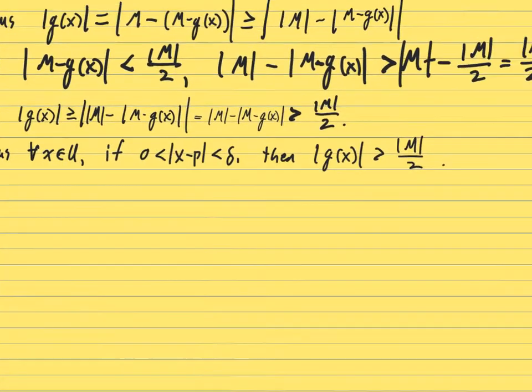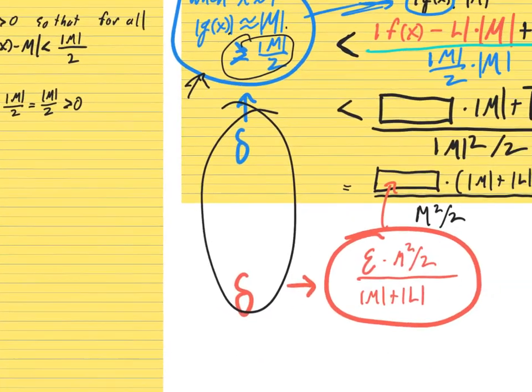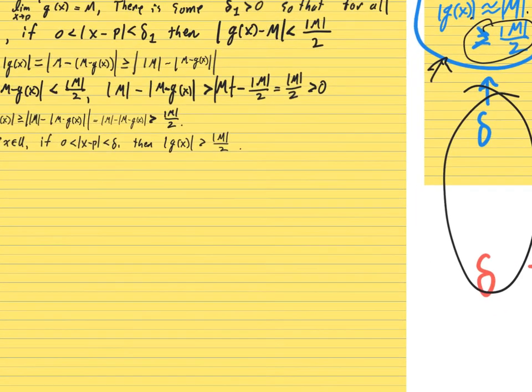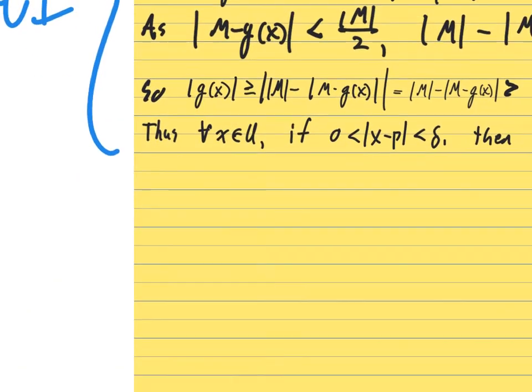The next step comes from this red bit. So it looks like that's how close I need f of x to be to L and g of x to be to m. So let's do that.